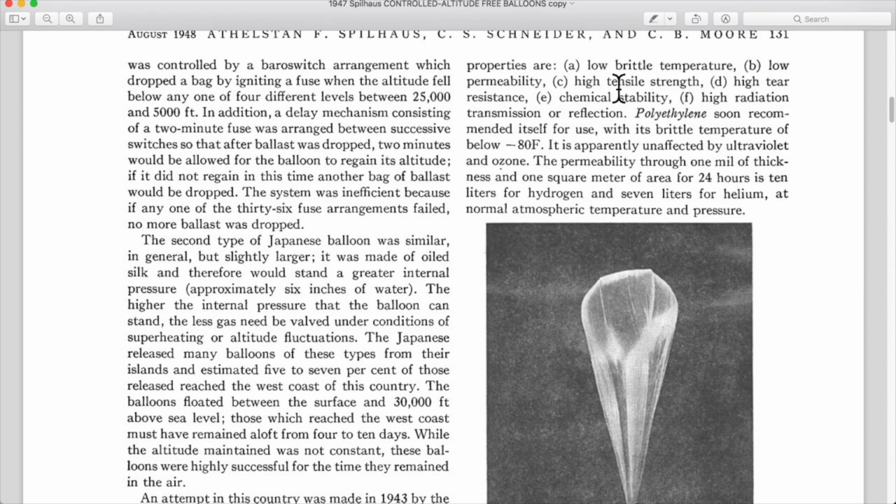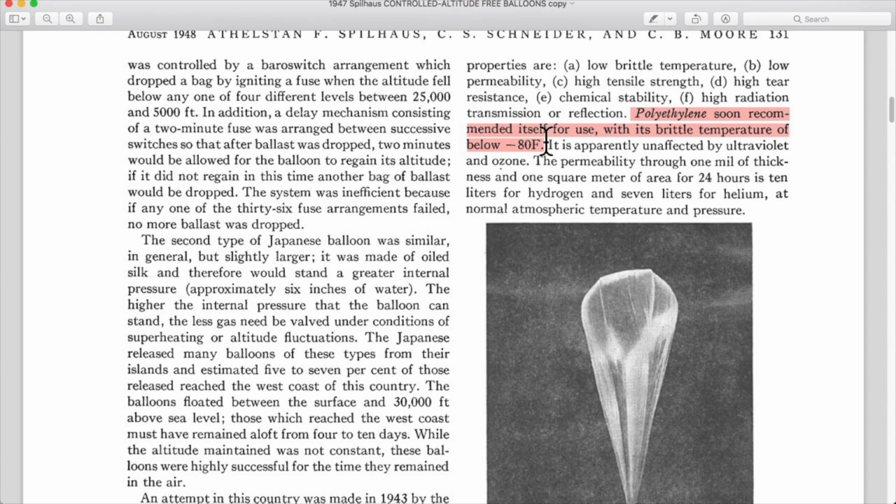It has to be strong. High tear resistance. That's an obscure property we'll talk about later. Chemical stability. I'm assuming that means that the thing doesn't melt. High radiation transmission or reflection. And this is the same thermal thing we talked about.